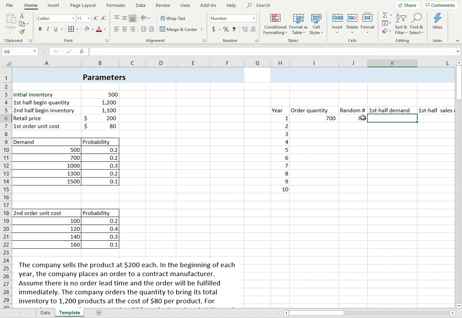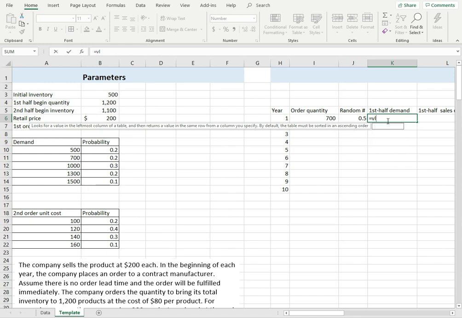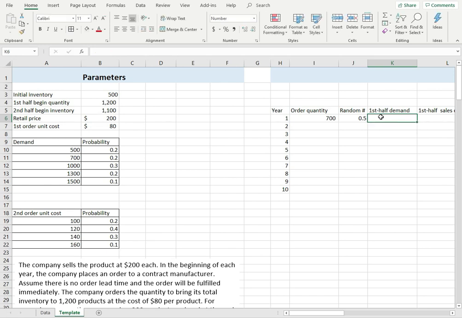Now I'm going to simulate first half demand using this number. So VLOOKUP. Remember, whenever you need to simulate something uncertain, you use VLOOKUP. But I forgot one thing, we need the table for VLOOKUP, which I don't have here yet. So let me create that here. First column is the mean of each bin, and what I'm trying to simulate is demand.